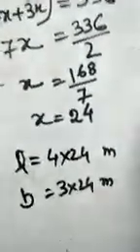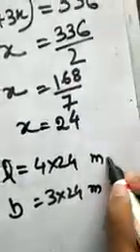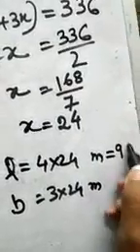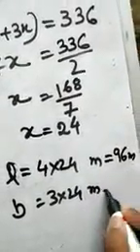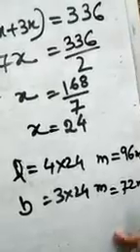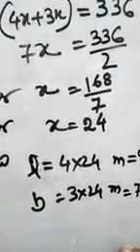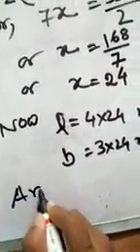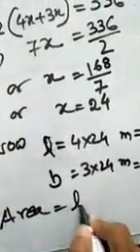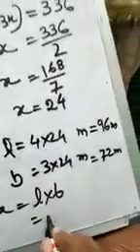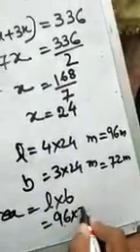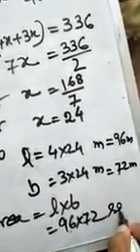It is 4 into 24, that means 96, and 3 into 24, that is 72 meter. They ask to calculate the area of the field. Area is equal to L into B, so it is 96 into 72 square meter. Hope this multiplication is done by you.